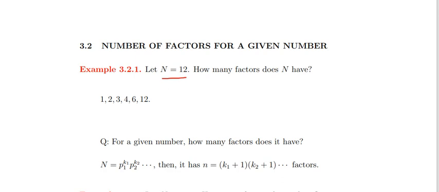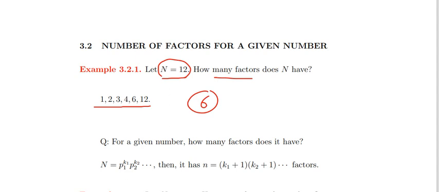We can have 1, 2, 3, 4, 6, and 12. So the number of factors of 12 is 6. For small numbers, we can list all its divisors and count how many.